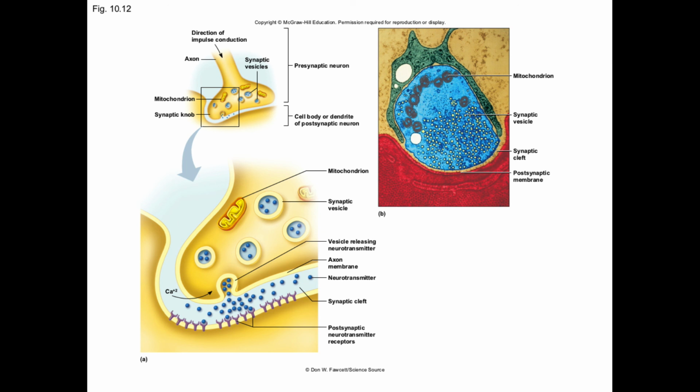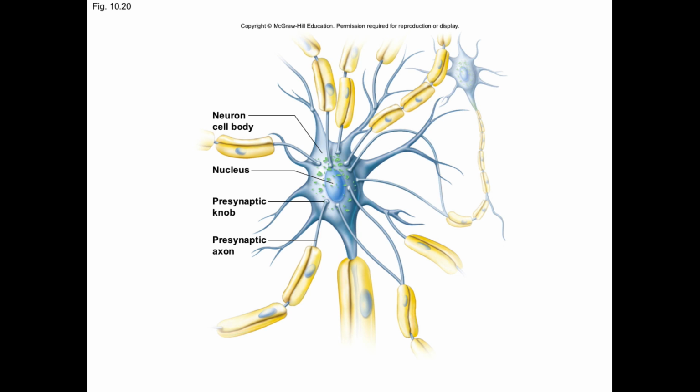So depending on the receptor protein to which the neurotransmitter binds, the postsynaptic neuron may be either excited or inhibited.